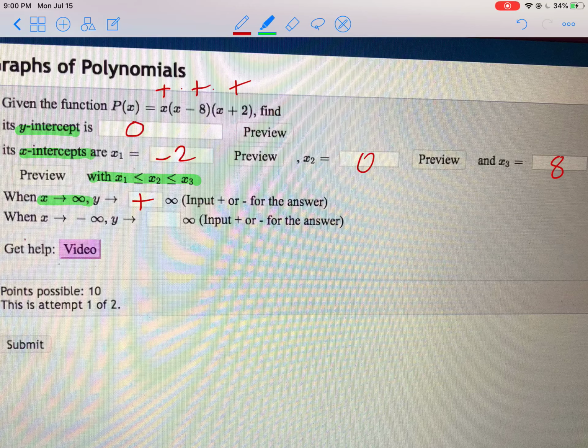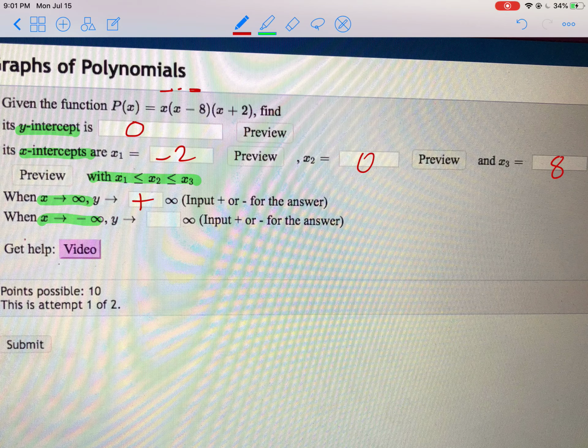Now, you do the same kind of analysis, but with x being a negative value. So you do the same analysis with your function. And you say, okay, what happens when I plug in a very large negative number into x? Well, you get a negative number. What about the next factor? If I plug in a very large negative number for x, that would still be a negative number.